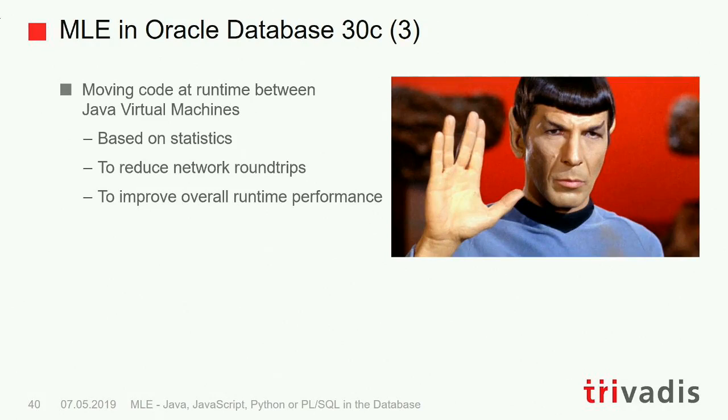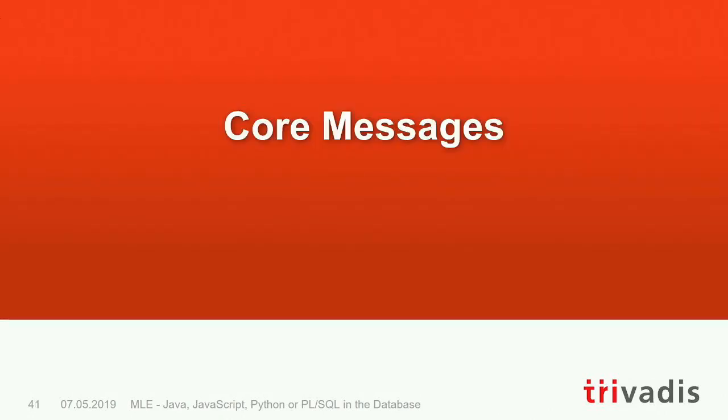It would be quite a good idea if I put that code into the database so we have fewer round trips. So optimization, shipping code at runtime. This will improve the overall runtime. It sounds fancy, but for small use cases, it's doable nowadays already.